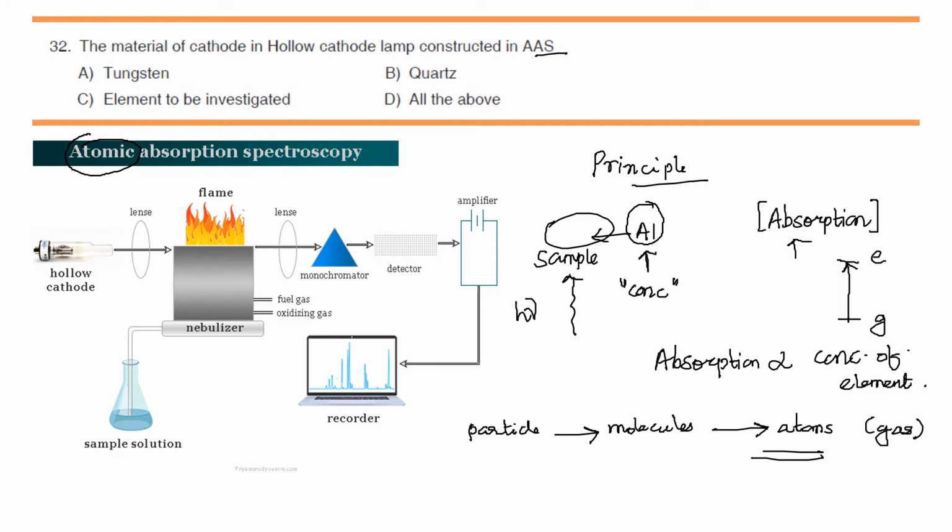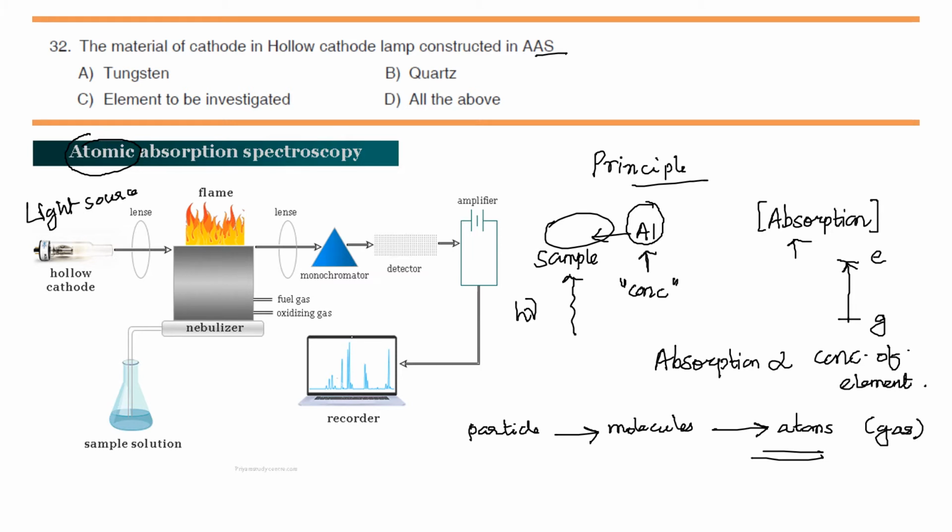Now coming to the different parts of the atomic absorption spectrometer, you can see that the first part is a hollow cathode lamp, and our question is mainly based on this part. This is the source of light that we use in this type of spectroscopy.